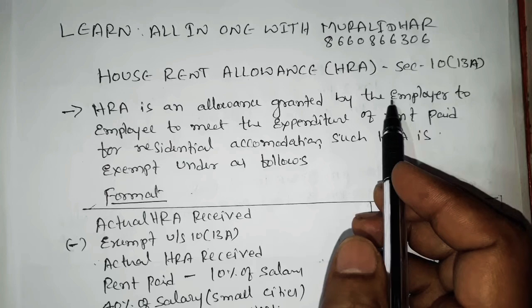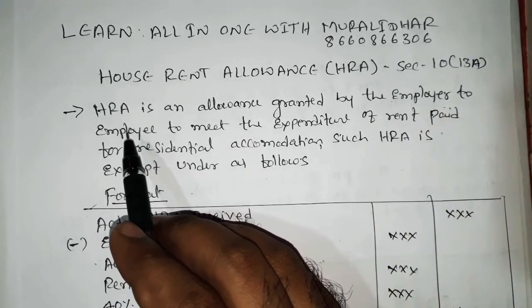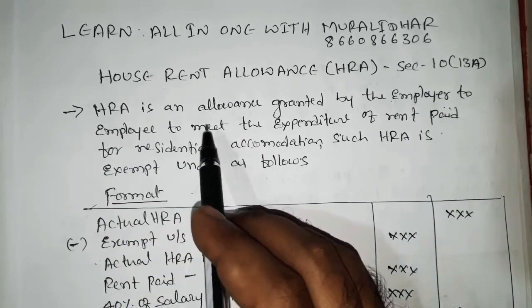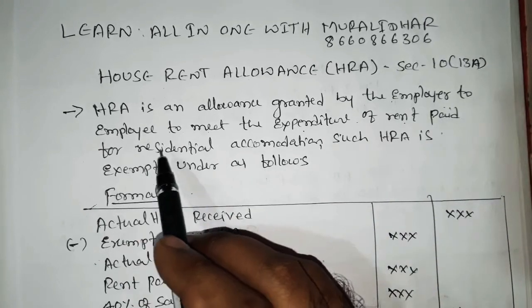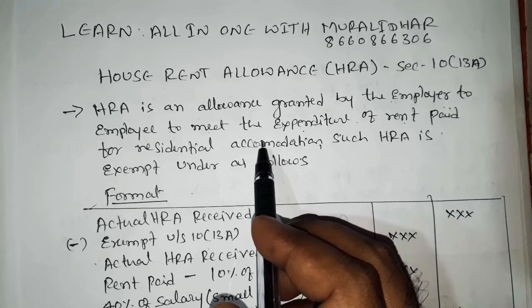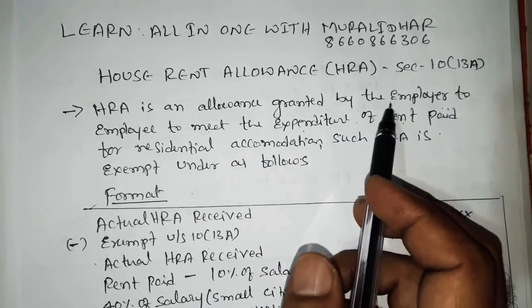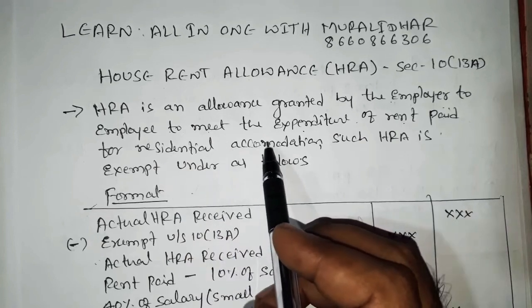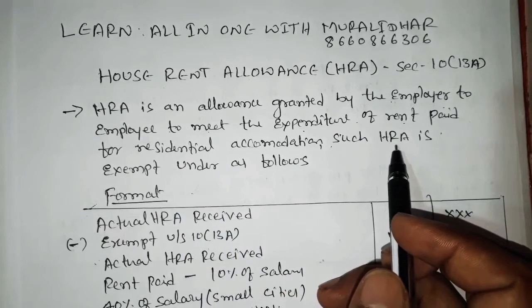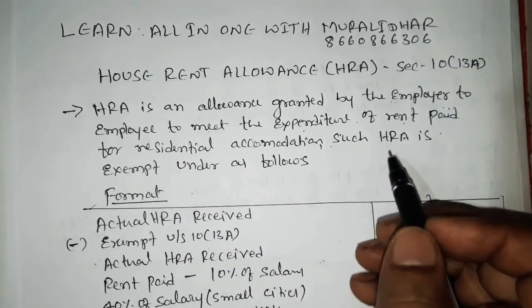The employer is the owner, and the employee is the worker. It is meant to meet the expenditure of rent paid for the residential accommodation. That is what we call HRA.